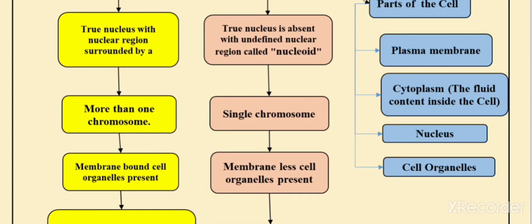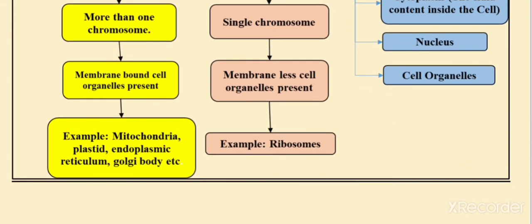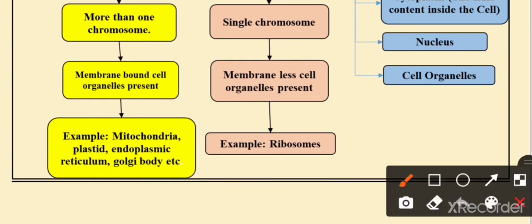In prokaryotic cells only a single chromosome is present, but in eukaryotic cells more than one chromosome is present. So this is also a difference between prokaryotic and eukaryotic. Next, membrane-bounded cell organelles are present in eukaryotic cells, like mitochondria, lysosome, Golgi apparatus.